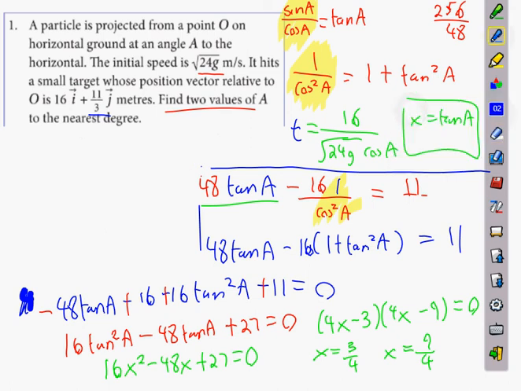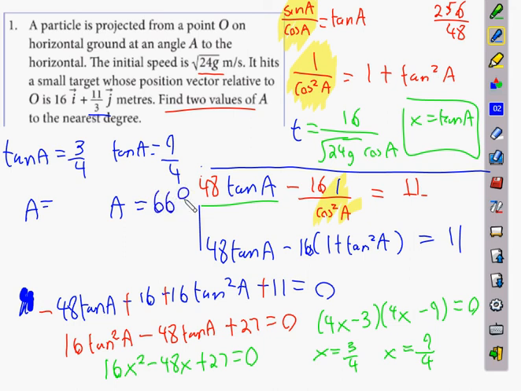Remember, x is tan A. So tan A equals 3 over 4, or tan A equals 9 over 4. Tan inverse both of them and tell me what the two angles are to the nearest degree. 66 degrees for the second one and 37 degrees for the first one.